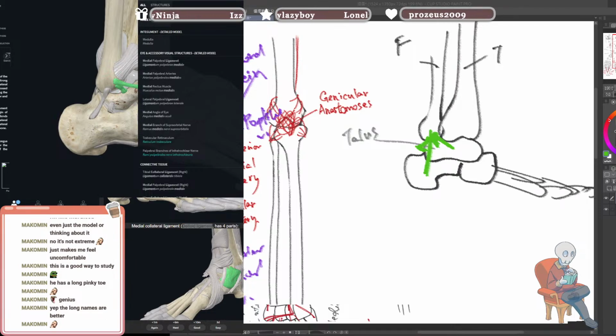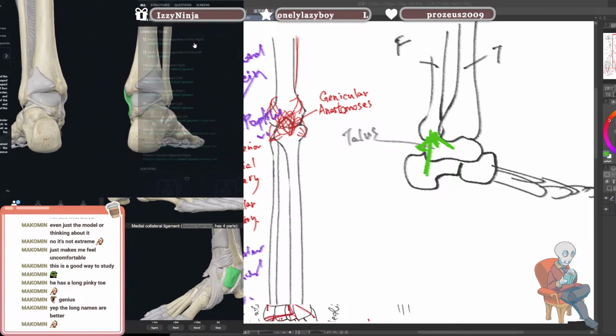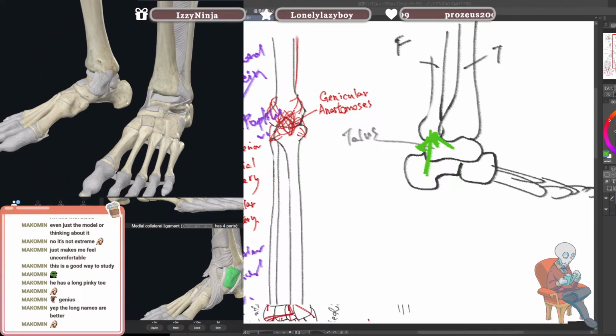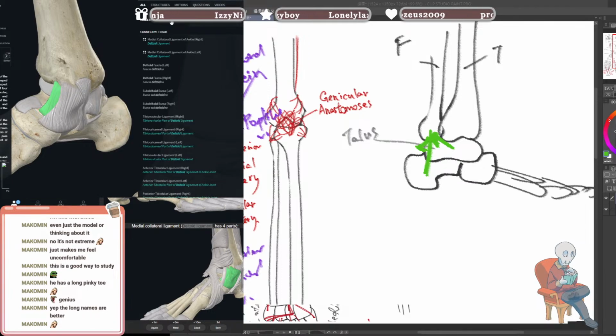Or should I just say deltoid ligament? Okay, deltoid ligament.